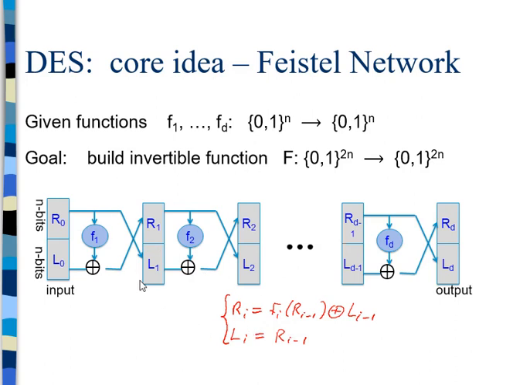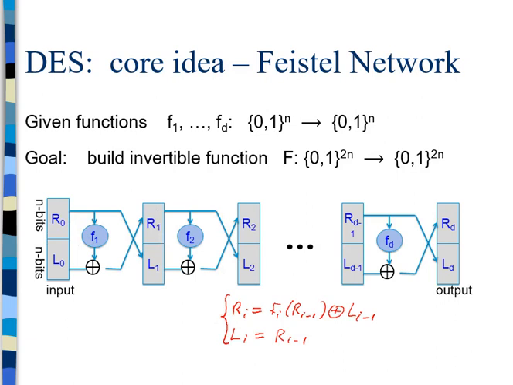In each iteration, Li is exactly R(i-1). L1 is equal to R0. L2 is equal to R1.